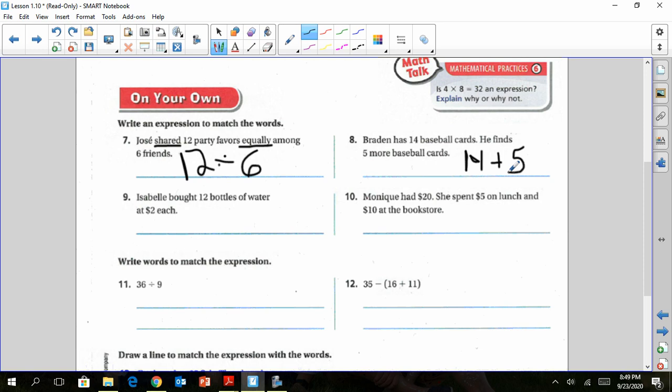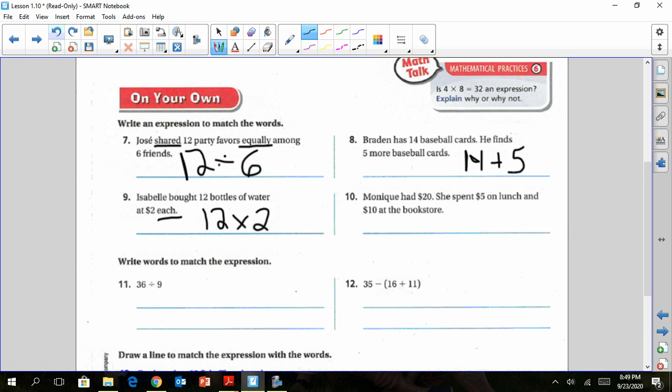Question number 9. Isabel bought 12 bottles of water at $2 each. Keyword is each. So every single bottle of water costs $2. So you're thinking 2, 2, 2, 2. That's repeated addition. So each tells us we're going to multiply 12 bottles times $2.